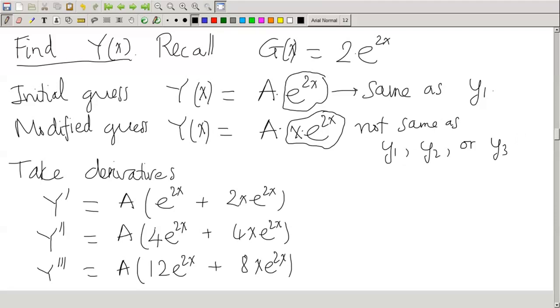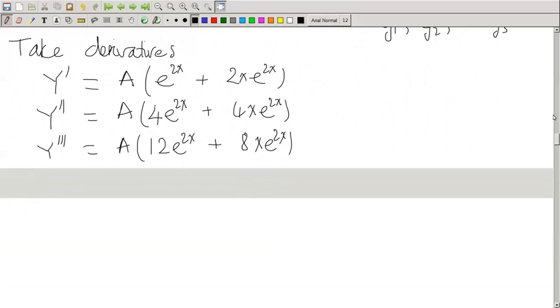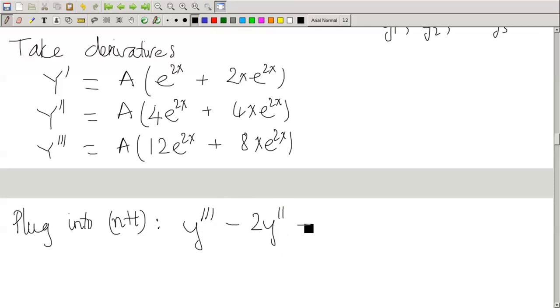Now we need to plug into the non-homogeneous equation, which says third derivative minus 2 times the second derivative plus the first derivative minus 2y equals 2e to the 2x.